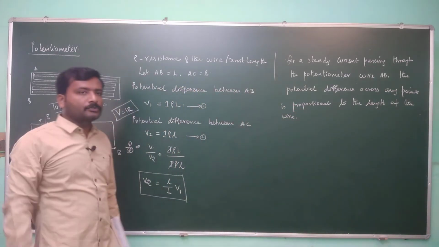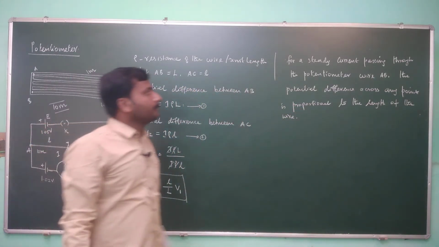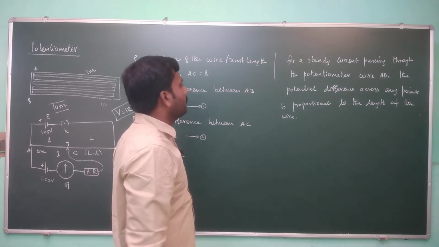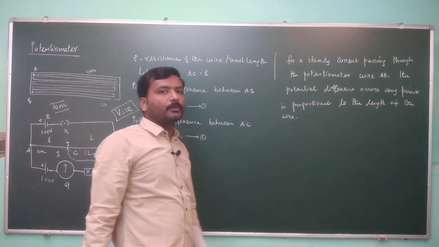Proportional to the length of the wire. For a steady current passing through the potentiometer wire AB, the potential difference across any point is proportional to the length of the wire, right?